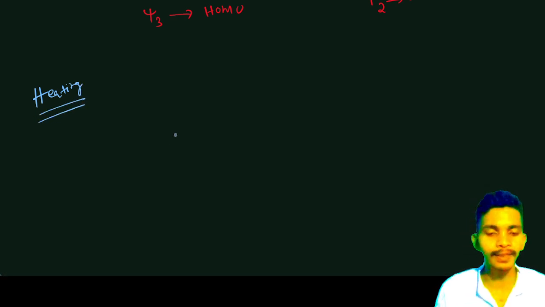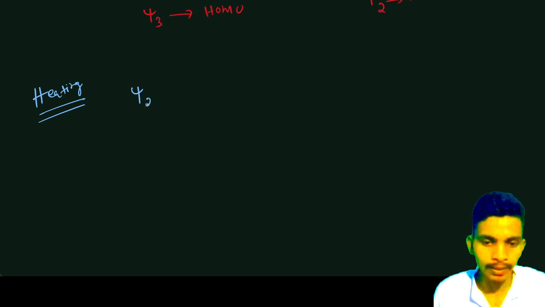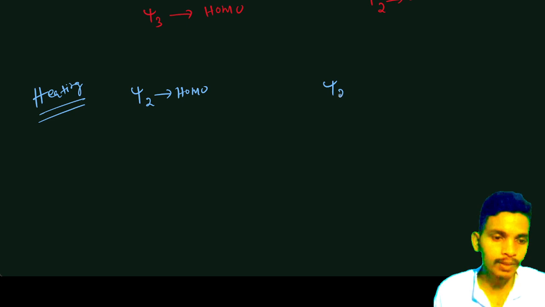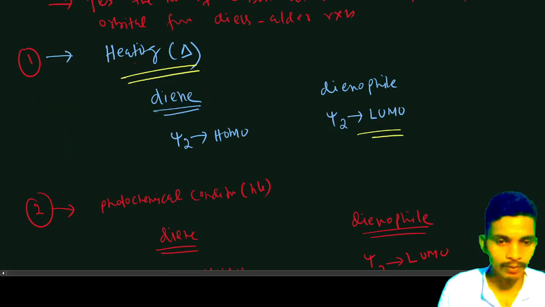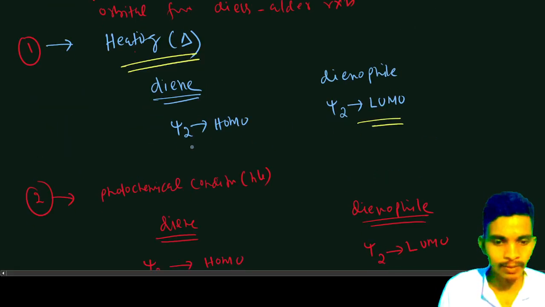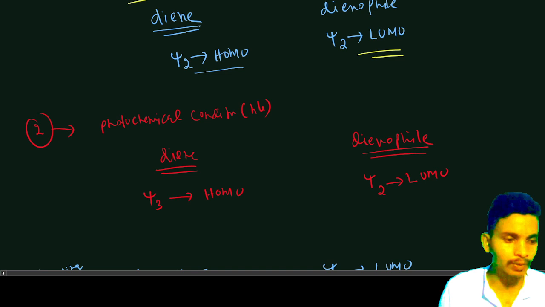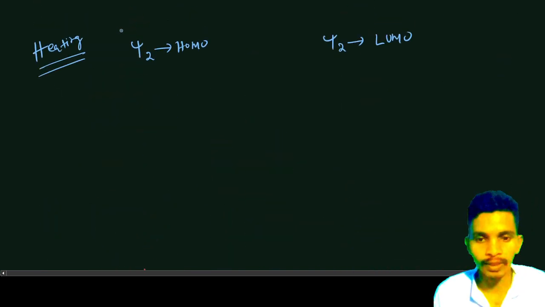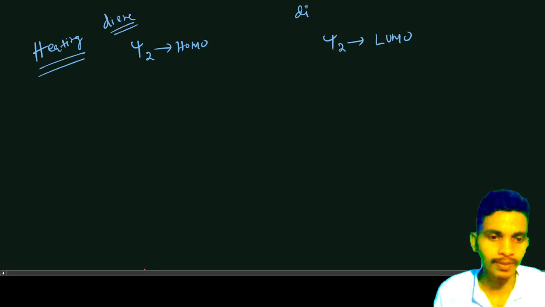If it is heating, then side 2 is the HOMO and side 2 is the LUMO. What is seen here for the diene is that side 2 is the HOMO and for the dienophile side 2 is the LUMO. Okay, this is for the diene and this is for the dienophile.